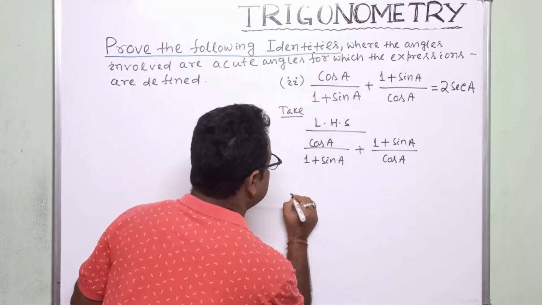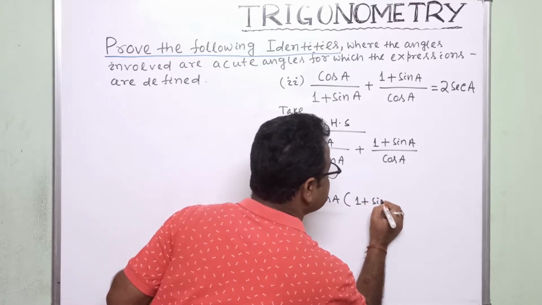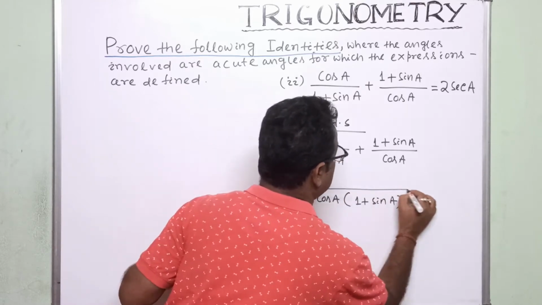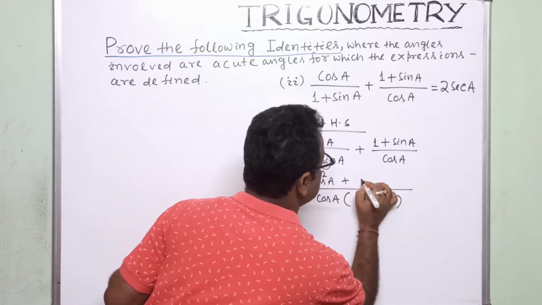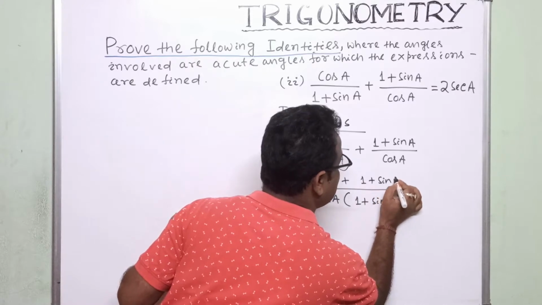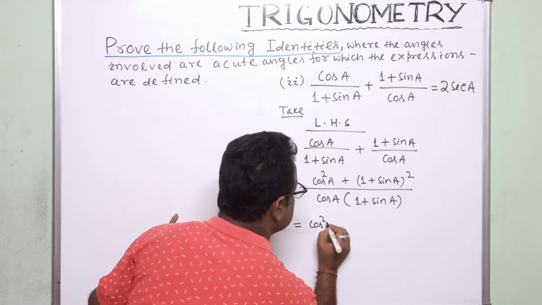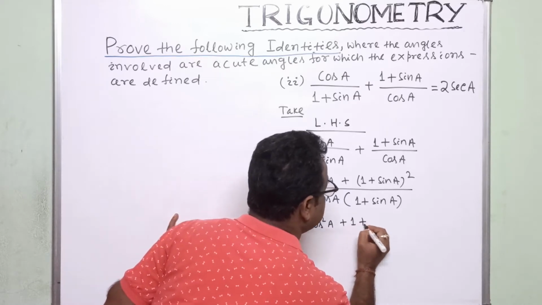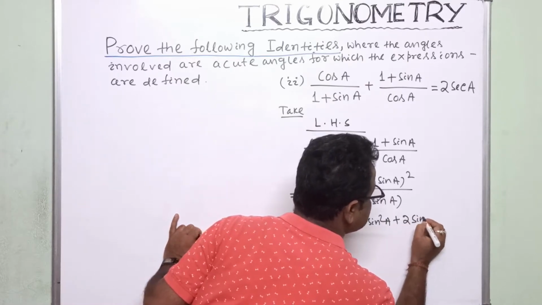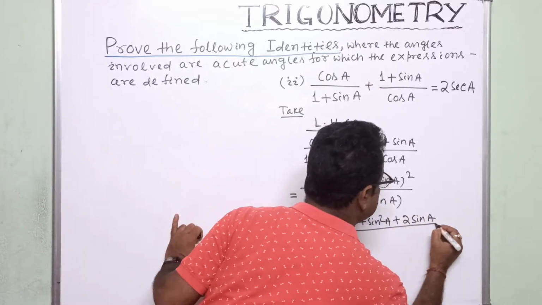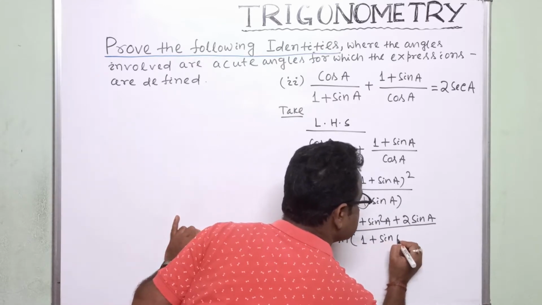So now that is equal to, taking LCM, cos A into (1 plus sin A). Now here cos A into cos A, cos square A, plus (1 plus sin A) whole square. That is equal to cos square A plus 1 plus sin square A plus 2 sin A by cos A into (1 plus sin A).